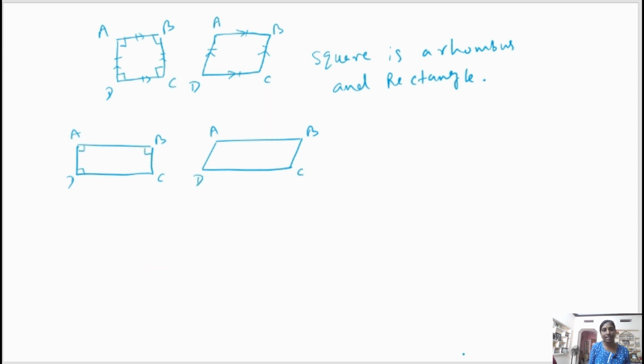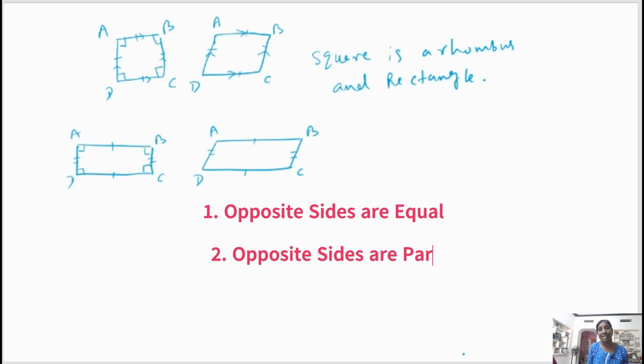Here each angle is 90 degrees. The difference is that in a parallelogram, angles are not equal to 90 degrees. Here opposite sides are equal, and here also opposite sides are equal and parallel.